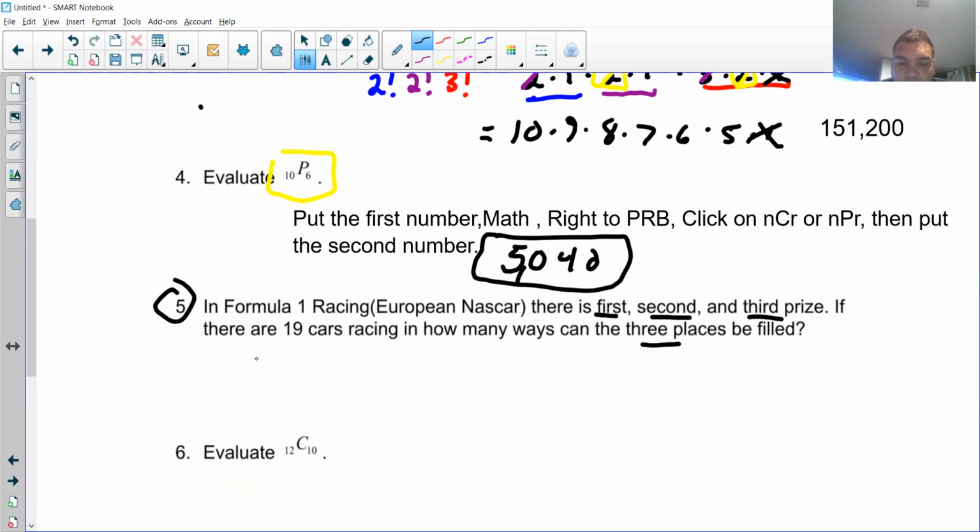So we have 19 in total. We have to have 3 positions: gold, silver, bronze, or first, second, third. In this case, we're being particular because first place is not the same as second place, which is not the same as third place. So it's going to be 19P3.